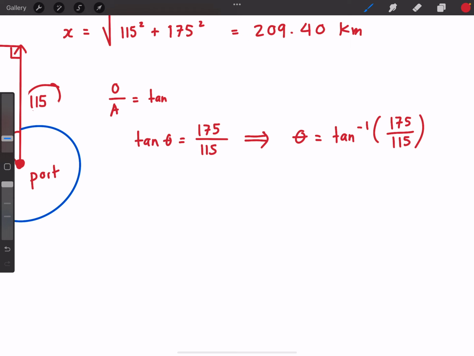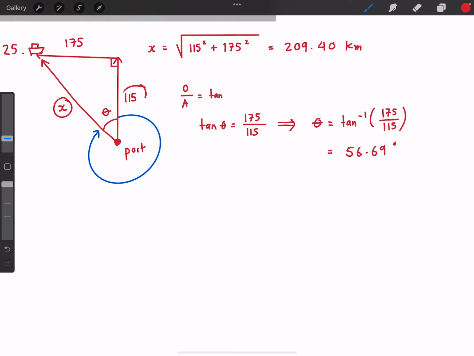Put that directly into the calculator, and I got the answer to be 56.69 degrees. Now that's not our answer, that's just theta.